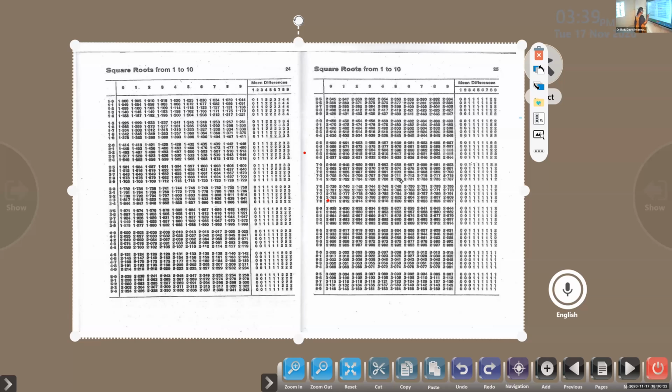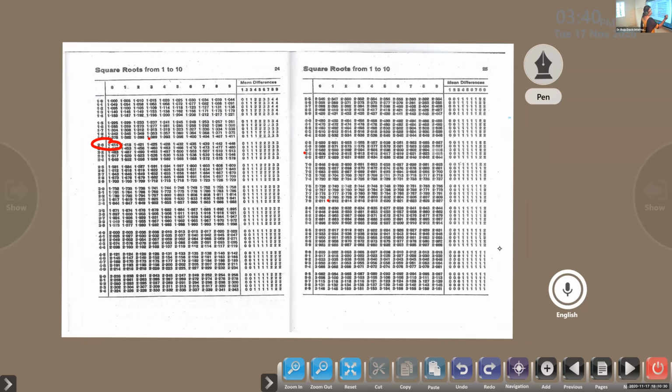Then square root of 5, you will get 2.236. So like that. Suppose there is a number like 27 or something like that, as we have seen, this we can find only for 1 to 10. We cannot find more than that. Okay, only 1 to 10.